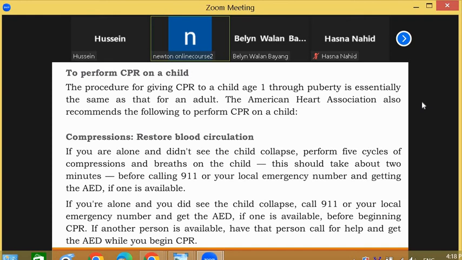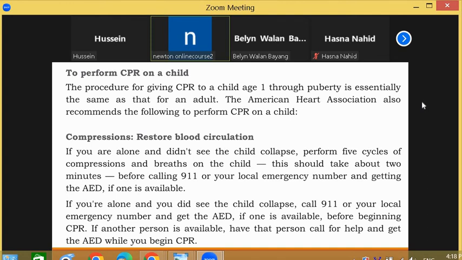Our index and middle finger only can be used for CPR in newborn babies. Also, in the adult we use 30:2, and for babies 15:2. So that is 30 to 2 and 15 to 2. Only one difference is there.